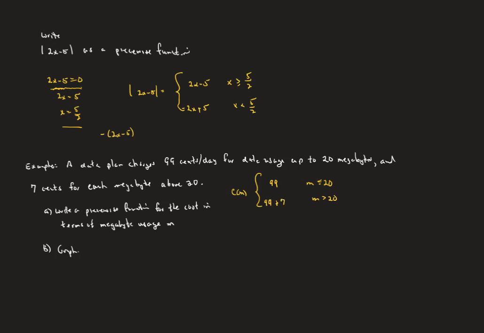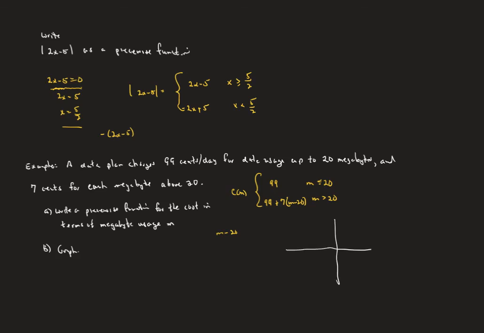Then we're going to pay 7 cents for each megabyte above 20. So I'm going to write M minus 20. This quantity tells us how much above 20, and for each of those we're going to multiply by 7. So there is our piecewise function.